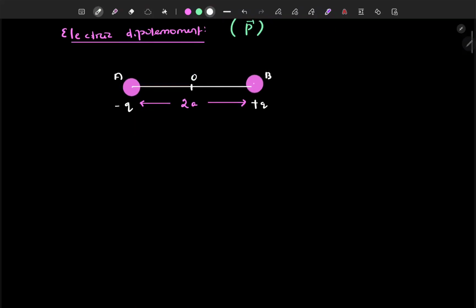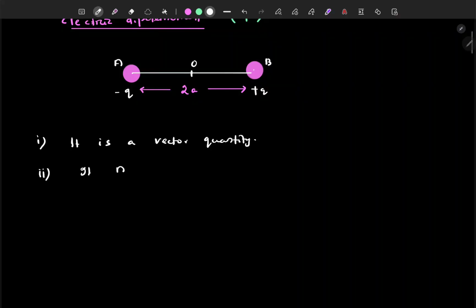Remember, electric dipole moment, first point, it is a vector quantity. And second thing, it measures the strength of electric dipole.